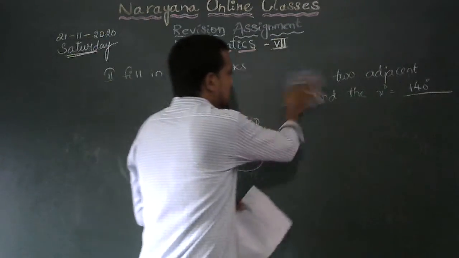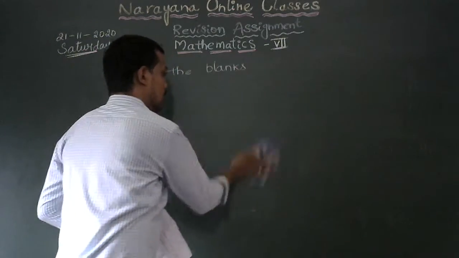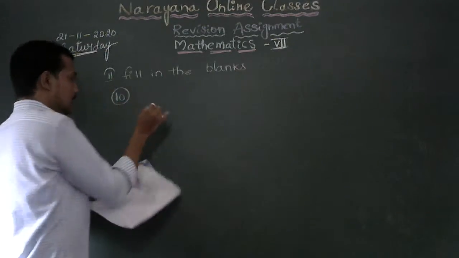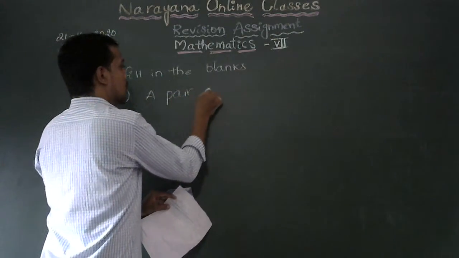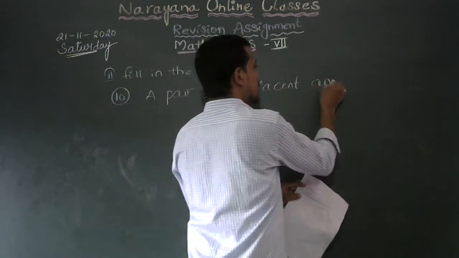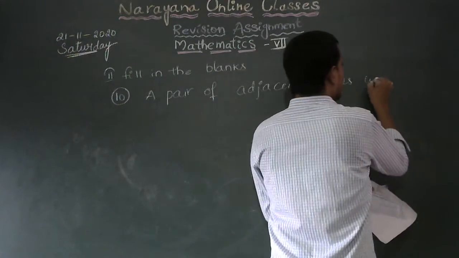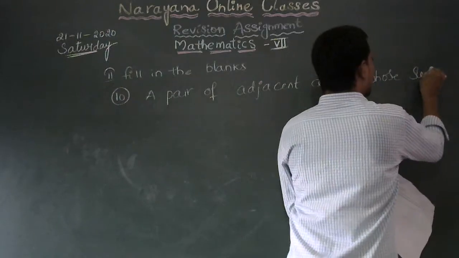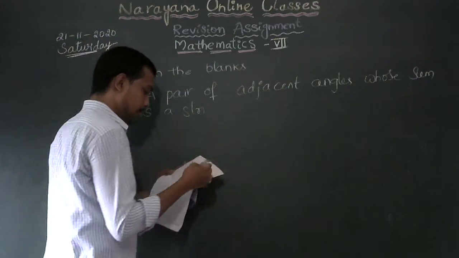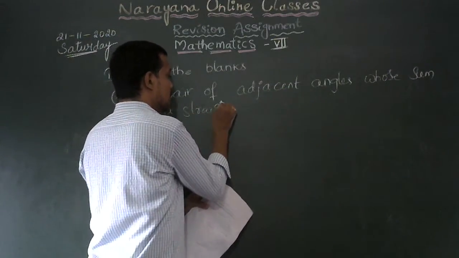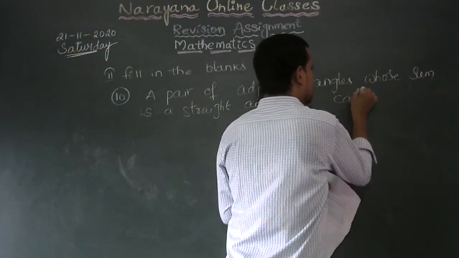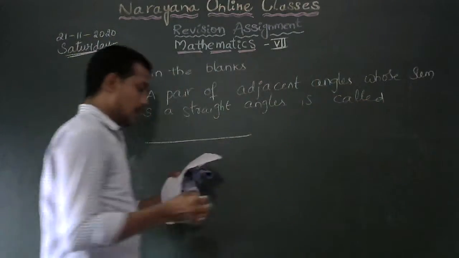Now the last question, that is the tenth one. The tenth question is: a pair of adjacent angles whose sum is a straight angle is called dash.